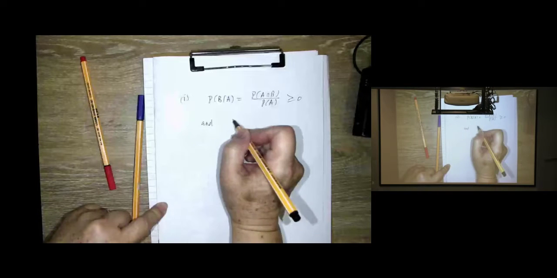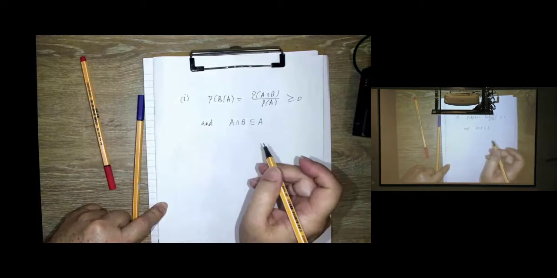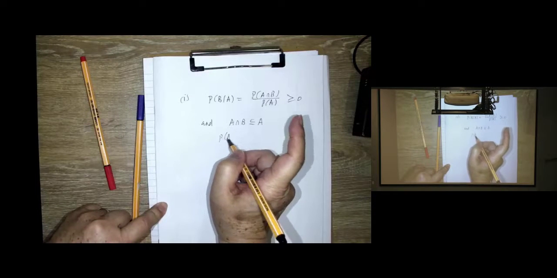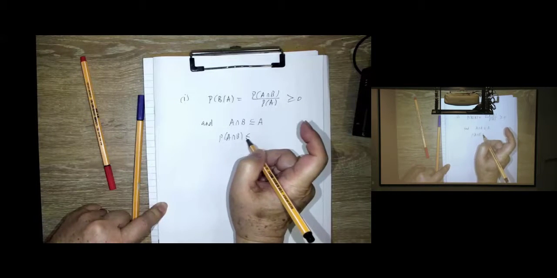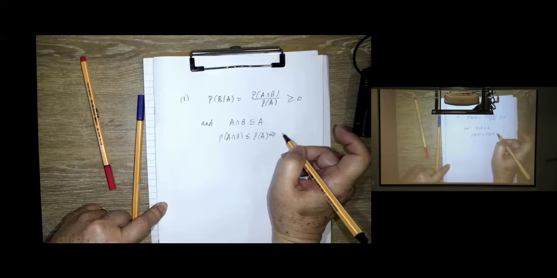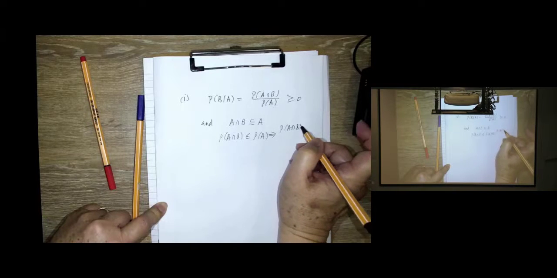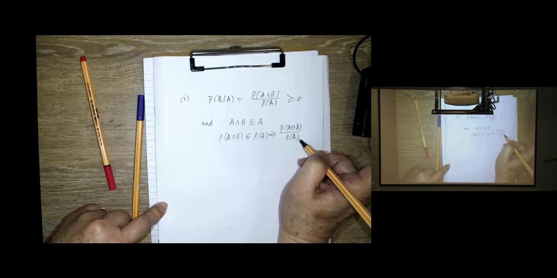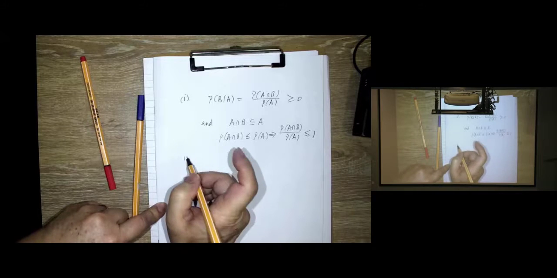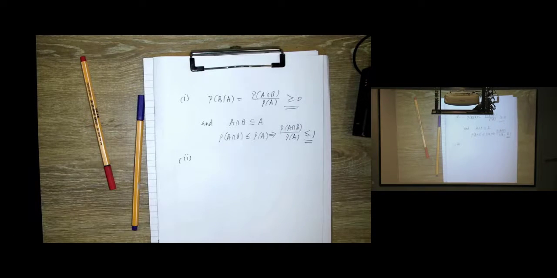And A intersect B is a smaller event than A, right? So if you recall, smaller event, smaller probability. So this implies this fraction will be less than or equal to 1. So that establishes part 1.